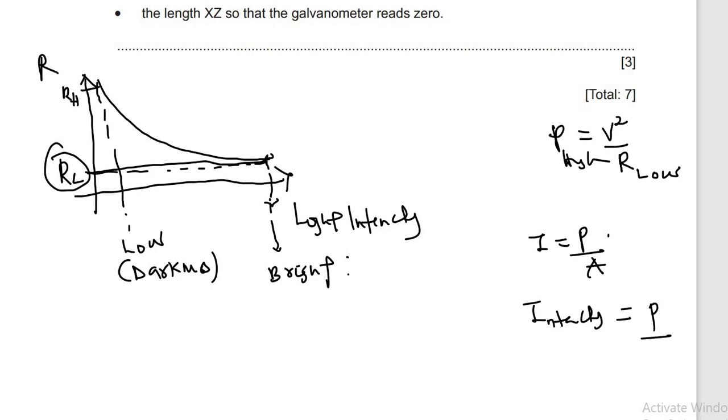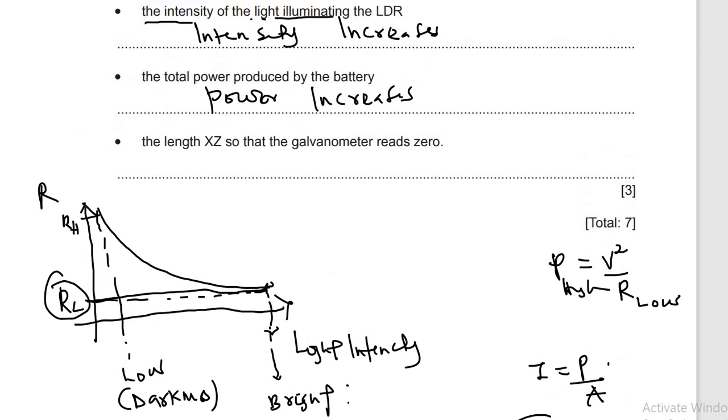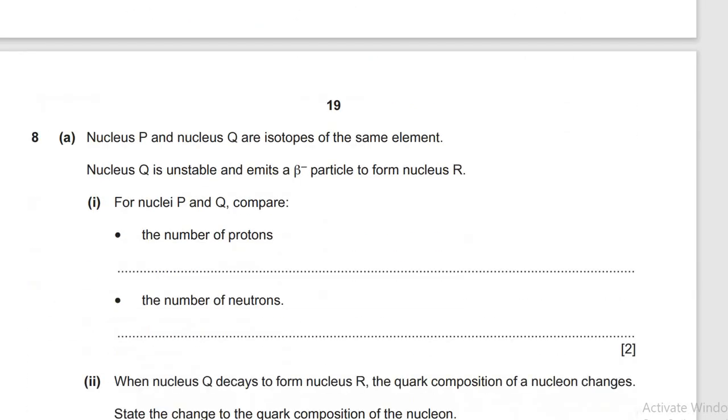And area can be volume times length. So I can say intensity and length are inversely related to each other. So when intensity is high, the length is low, it decreases. So length decreases. That's it. Then to the next one.